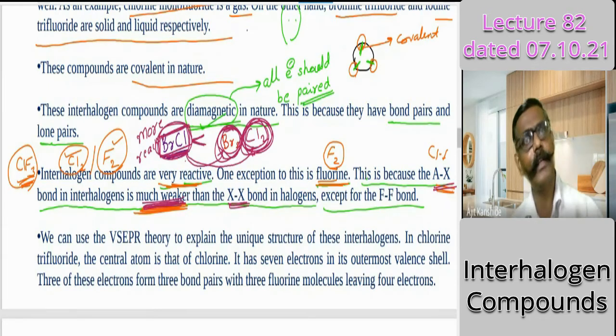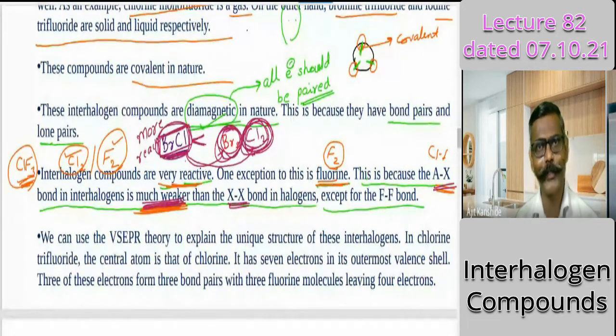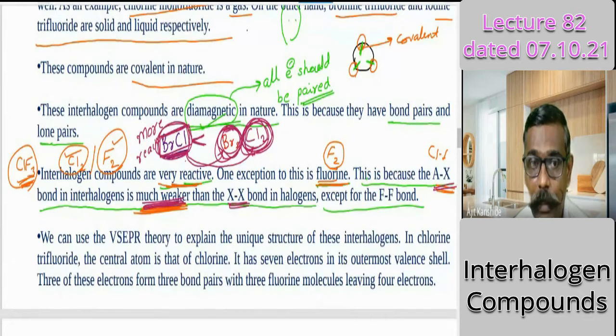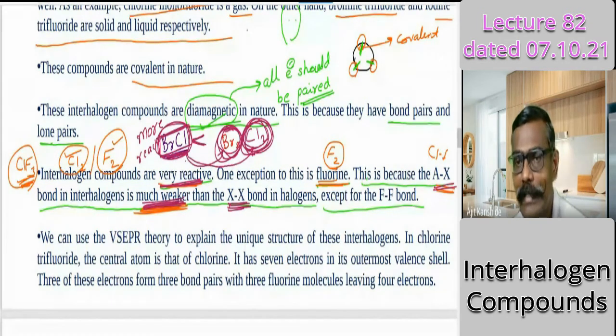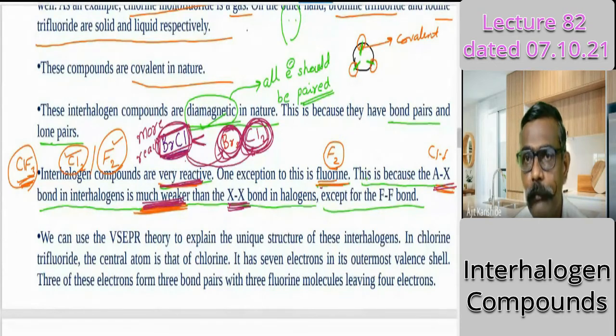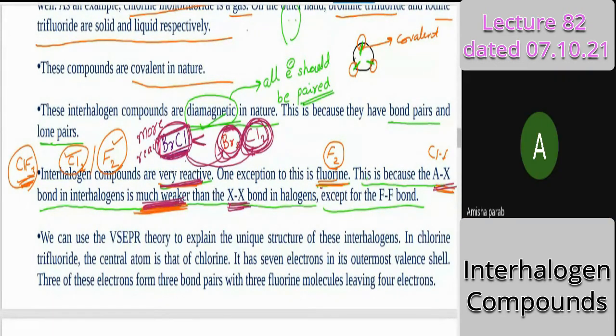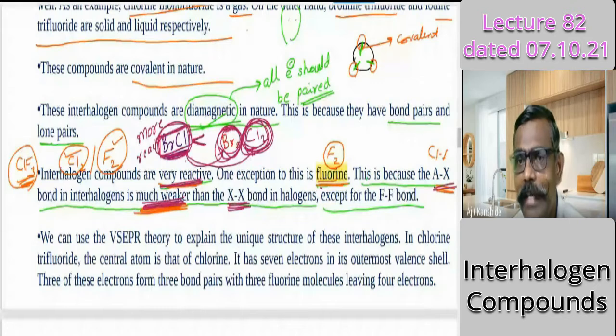A weak bond is easy to break, and easy to break means the constituents will react with other things. So therefore they are reactive. The point of interest is that interhalogens are very reactive compared to halogens, but there is an exception. Which gas is the exception? Fluorine is the exception.